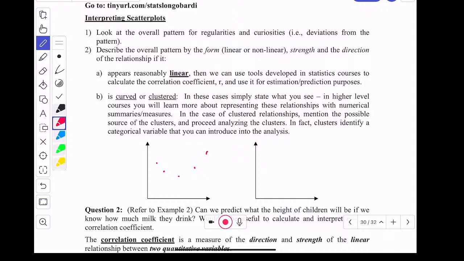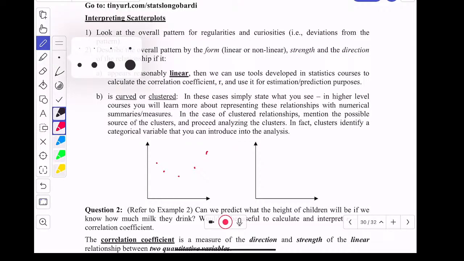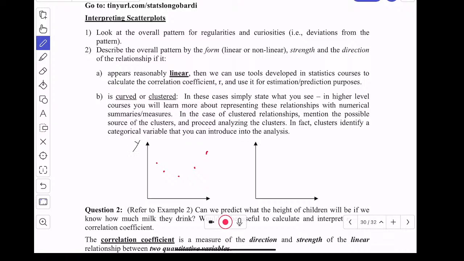This would be a curved relationship and you would refer to that as a relationship, but it's a relationship that's nonlinear. Okay, so it's a relationship, but it's a non-linear relationship.